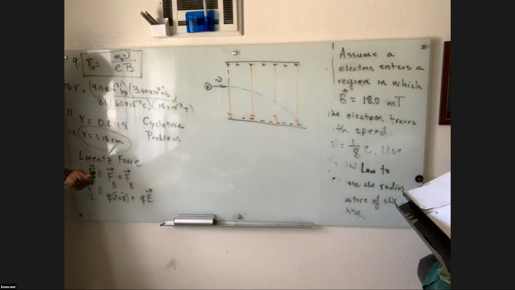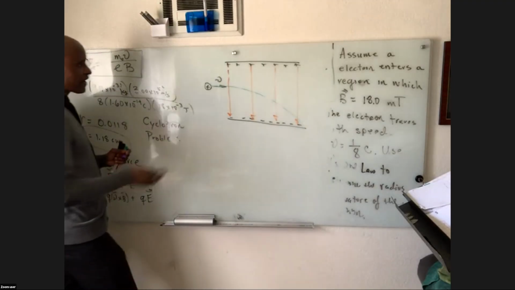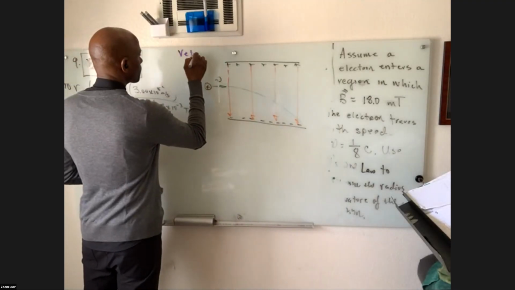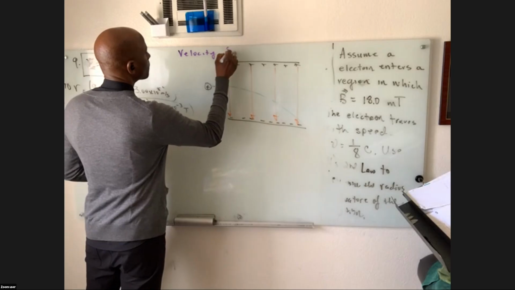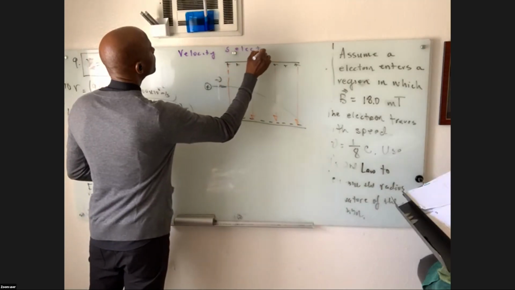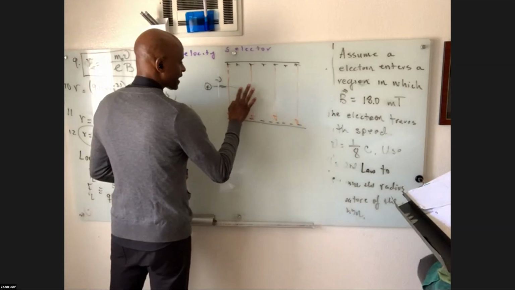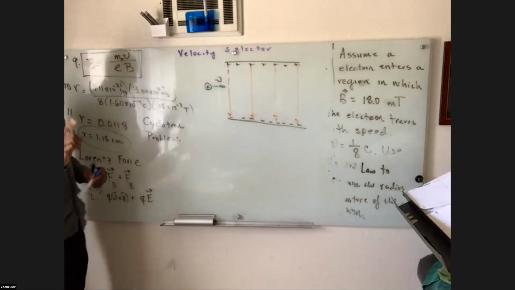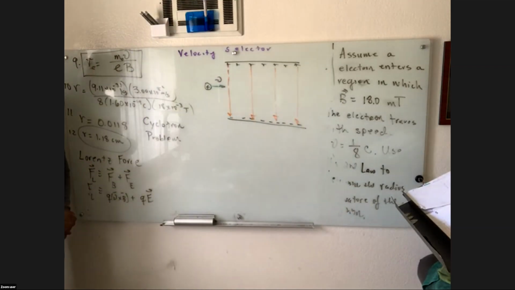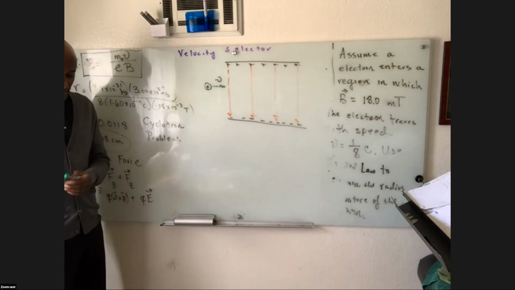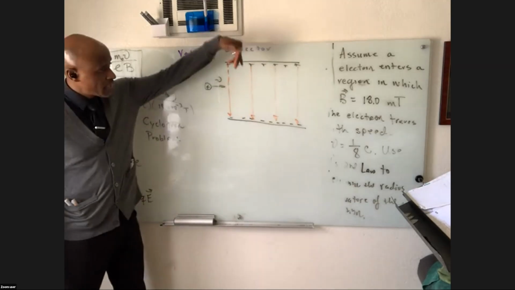But there is something called a velocity selector, a device such that if I orient a magnetic field in this region in the right way, I can counteract the electric force. The electric force on this particle is straight down.